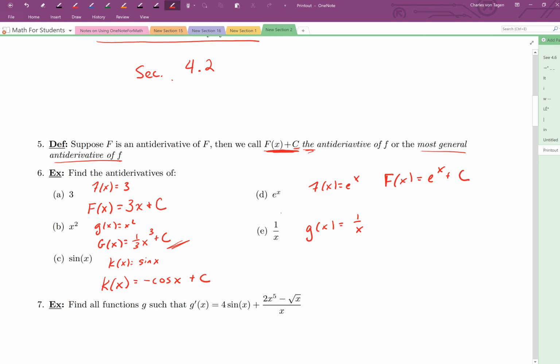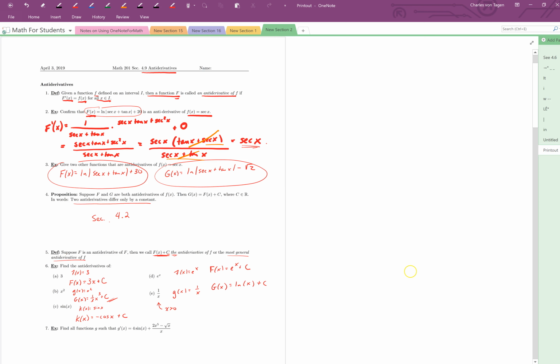Well, let's go ahead, I should maybe have added to this, here we're going to assume that x is positive, because then I could say that its antiderivative is the natural log of x plus c. Notice now if I take the derivative of this function, I do indeed get 1 over x. So folks, we're working backwards here.